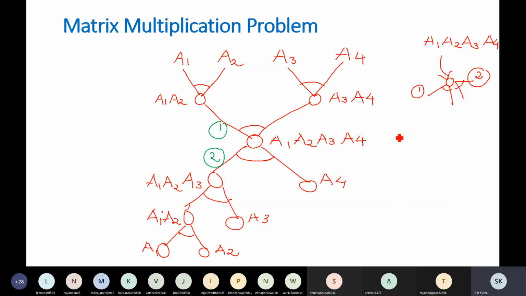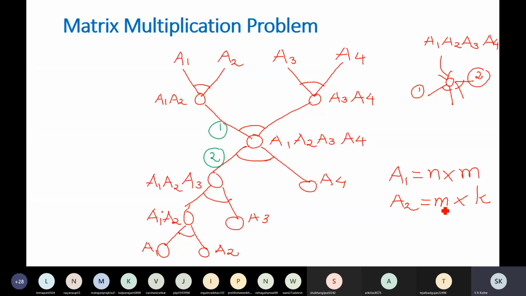Now I assume that you know all this. A1 is of size n by m. To multiply A1 with A2, the number of columns of A1 should be equal to the number of rows of A2, so this should be m, multiplied by k, for example. n is the number of rows of matrix A1, m is the number of columns of matrix A1.